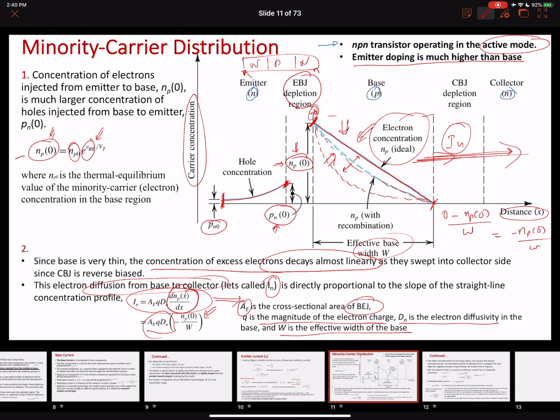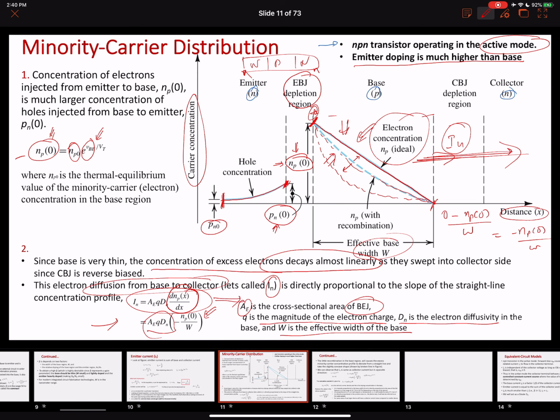So these are all the transistor parameters. Again, you have seen this equation in chapter 3, so we are taking it as is.